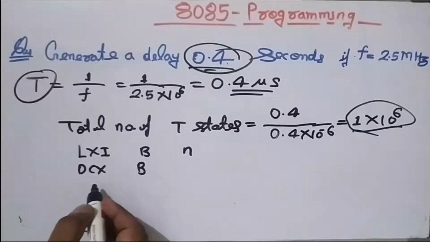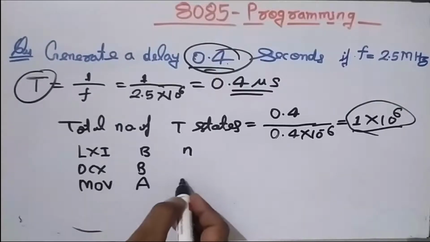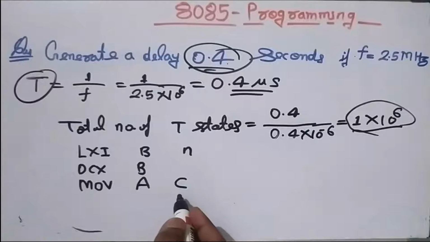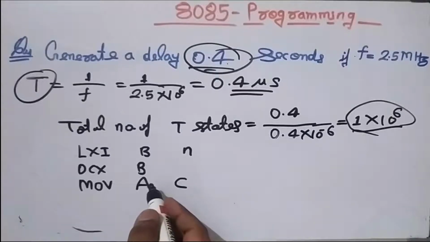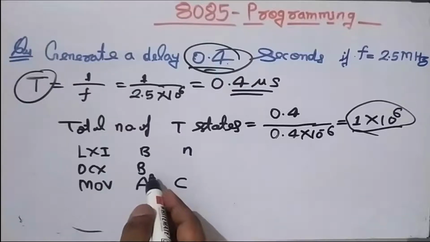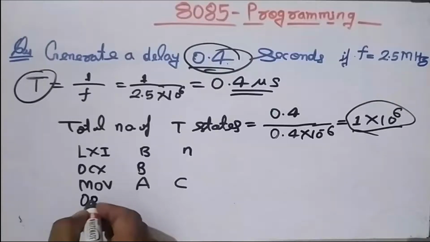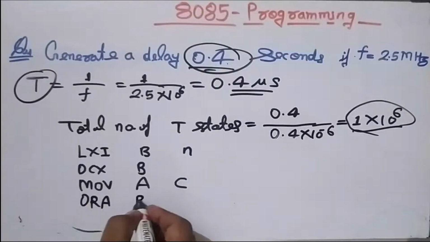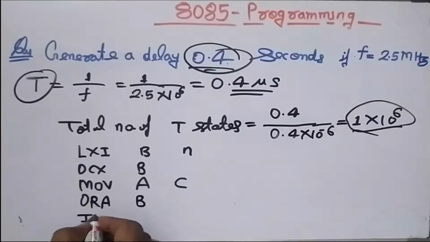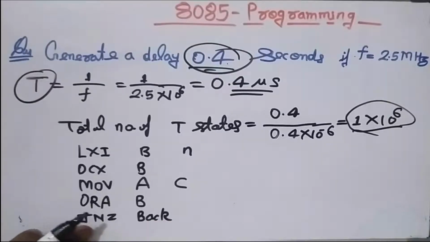Now MOV A, C. This is the logic involved. How can we judge the loop? ORA B, and after that JNZ back. Look carefully: JNZ means jump on not zero.